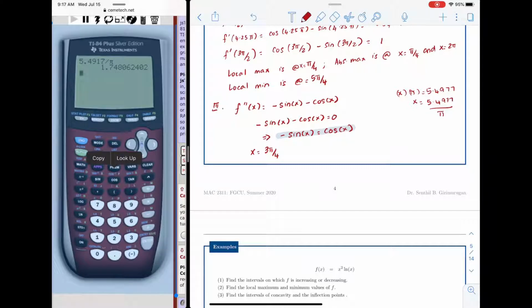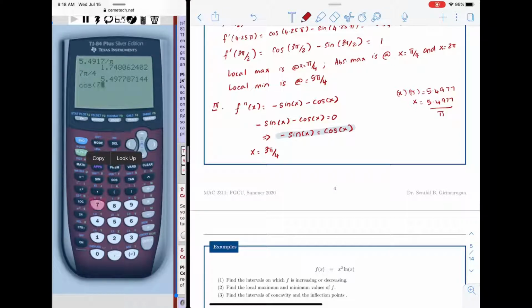It is 7 pi over 4. Let's check that here. And we get 5.4977, and that is the value we had. So we could test it again.